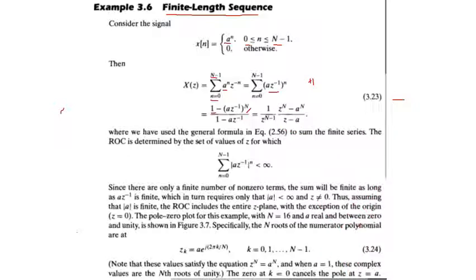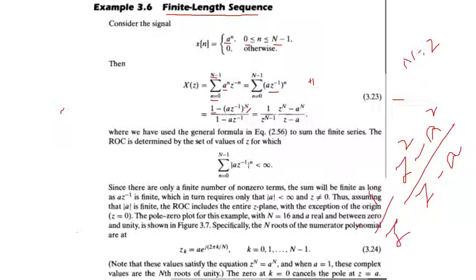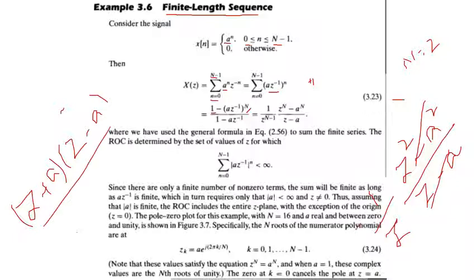Now for a simple case, assume that n is equal to 2. We'll have z squared minus a squared divided by z minus a, times 1 divided by z. This term gets cancelled with this one, because z plus a times z minus a is z squared minus a squared. So this term gets cancelled and we are left with this.